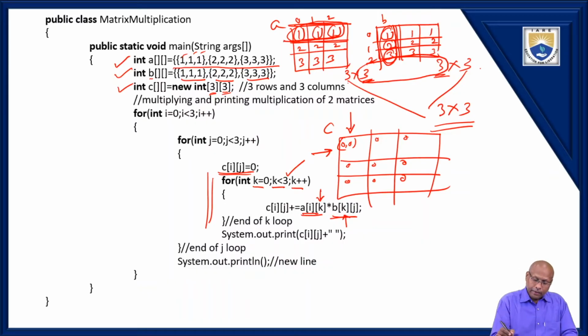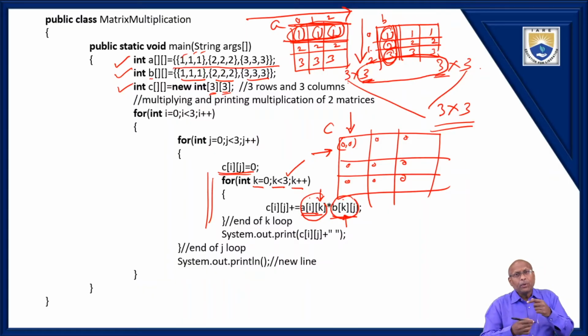That means a goes in this order and for b the k goes in this order, because you have to multiply the corresponding elements. So 0th row, 0th column multiplied with 0th row, 0th column, multiply and add. Then next, 0th row, 1st column multiplied with 1st row, 0th column, and add it.